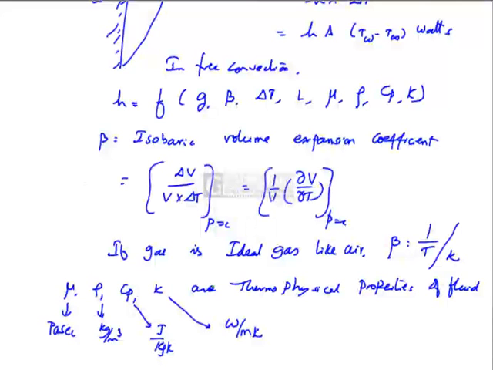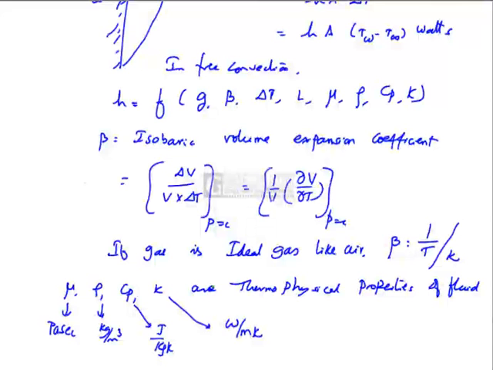Delta T is the temperature difference between the body and the fluid. L is the characteristic dimension of the body. Maybe diameter. If it is a circular tube, D becomes the characteristic dimension.